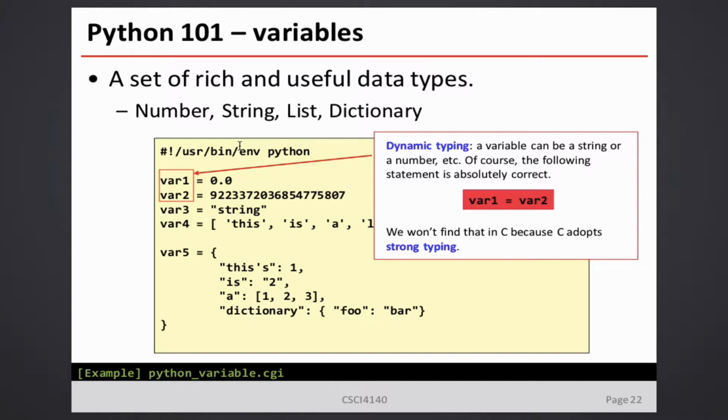A name is a placeholder, nothing more. So you can say var1 is equal to a float, and var2 equal to an integer. This integer has a special meaning, which I will tell you later. These two, I can write the statement var1 equal to var2. It won't complain, it just puts the value in there. Just a placeholder.